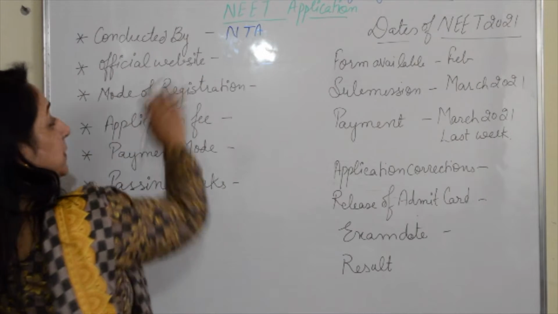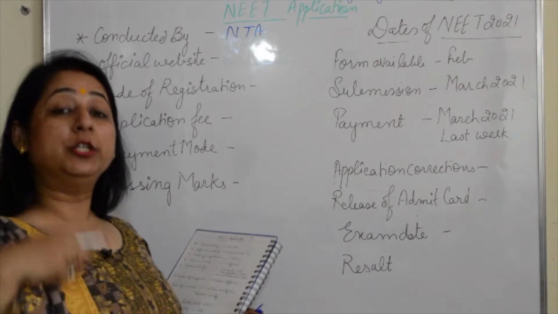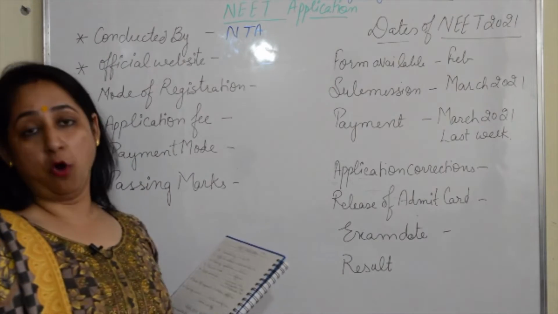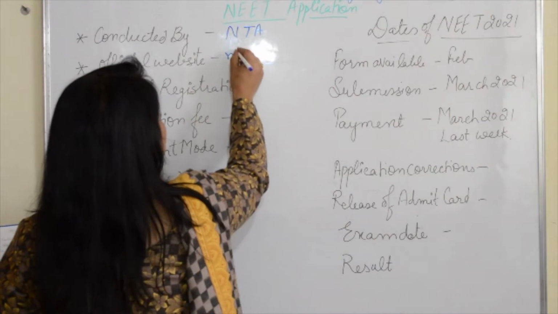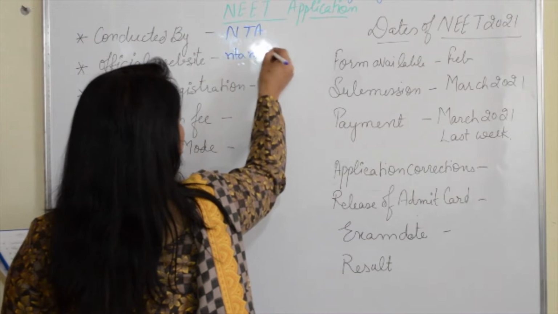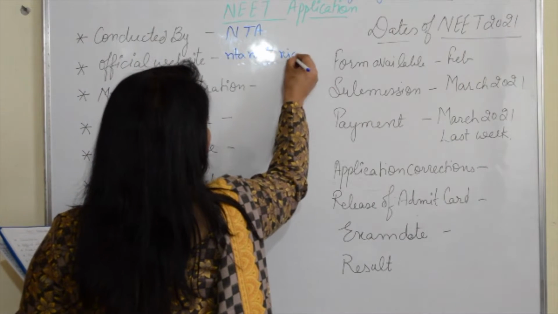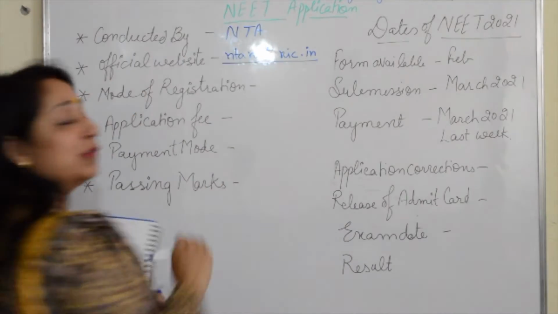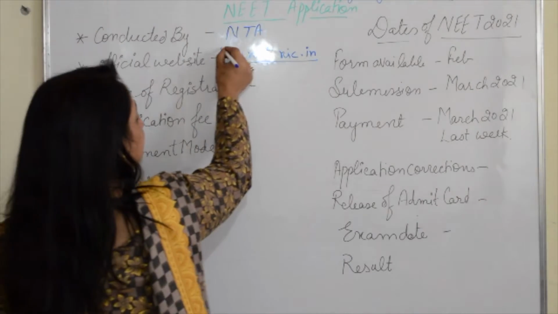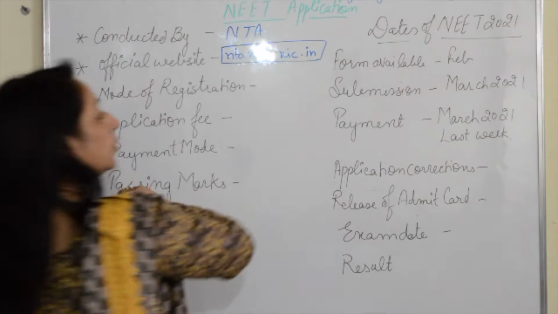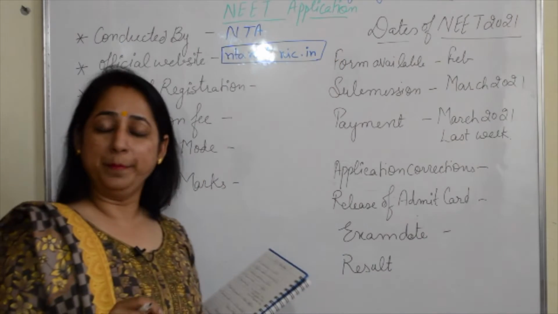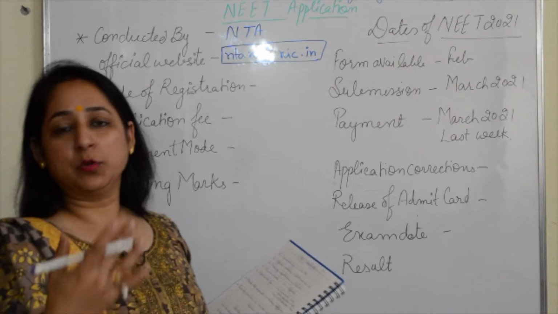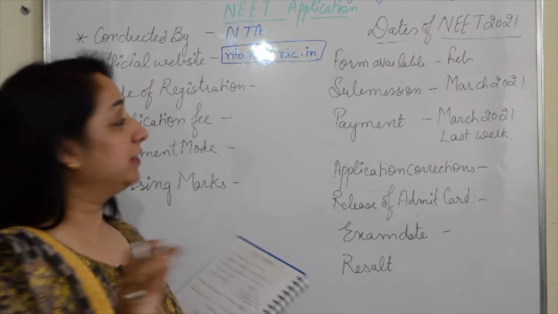Now the official website, which website do you need to go and fill in the form? That is ntaneet.nic.in. This is the official NEET website, wherein you can go and fill the form, and all particulars needed are uploaded there.